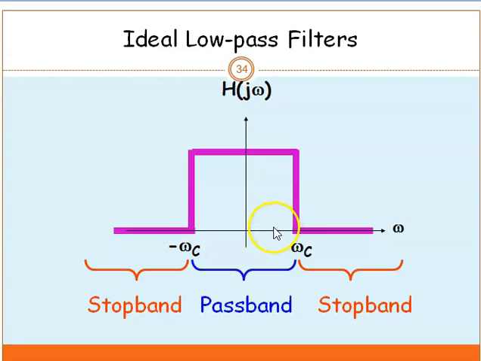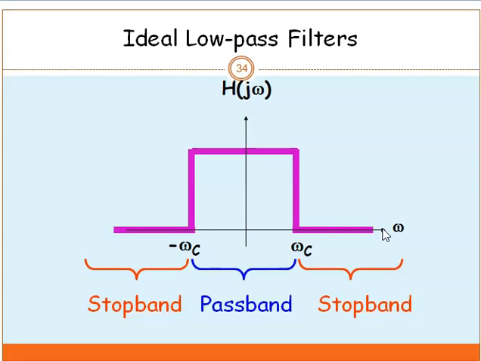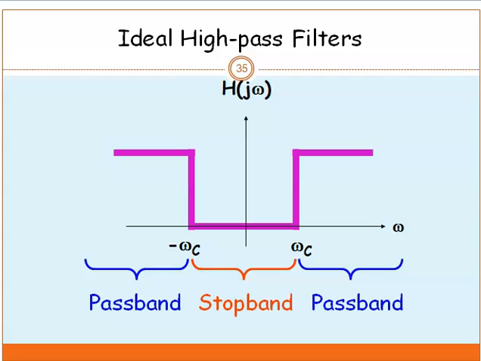Here it is allowing the low frequencies and filtering out all the higher frequencies. Next, we have the ideal high pass filter. The stopband would be at the low frequency here, and the passband would be at the higher frequency.